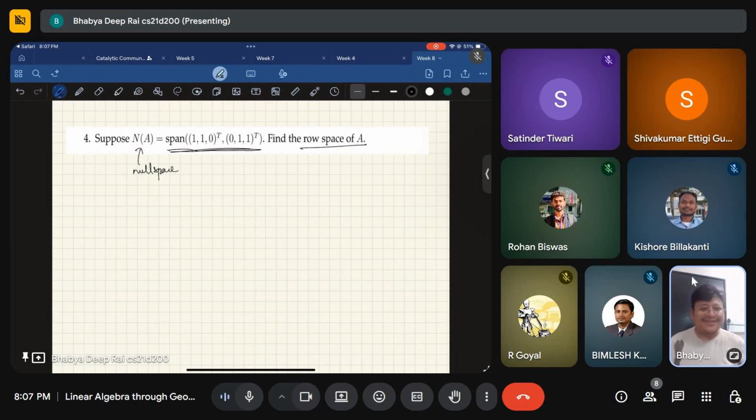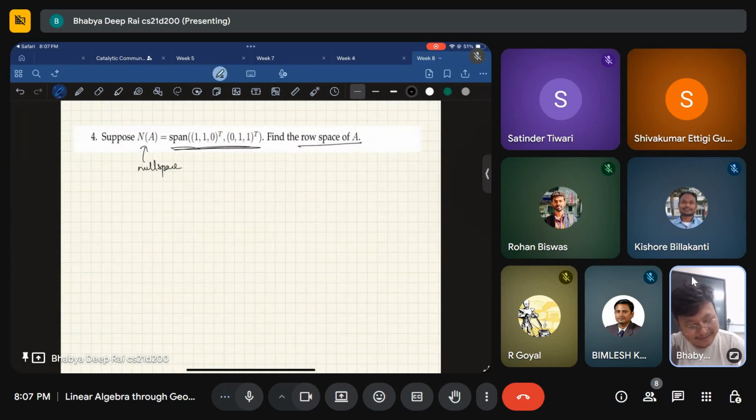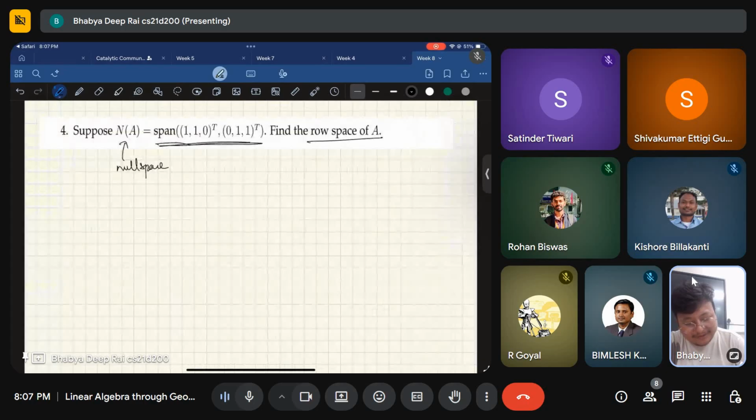Okay, I'll discuss the answer now. So what is the idea here? Do I need the dimension of the matrix? I don't need the dimension of the matrix immediately. There are 3 columns here, right? So, it's better I write it this way.